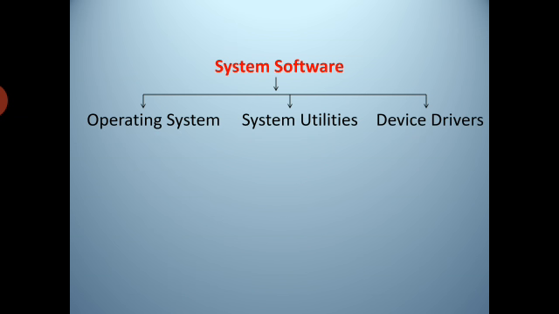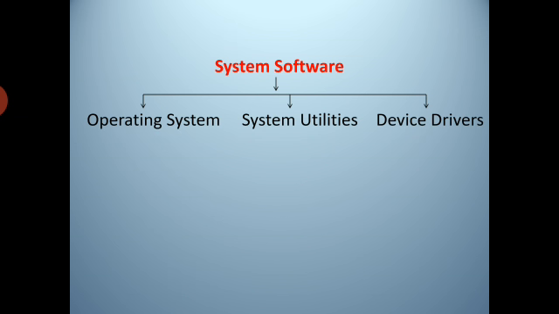A system software knows how to operate and use different hardware components of a computer. It provides services directly to the end user or to some other software. Examples of system software include operating system, system utilities, disk drivers.